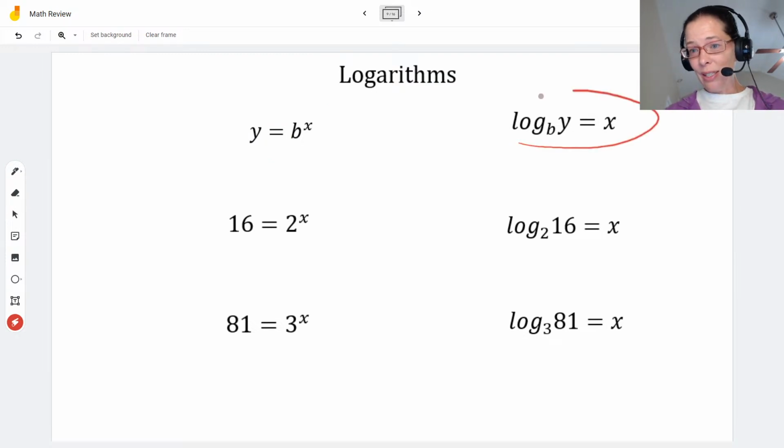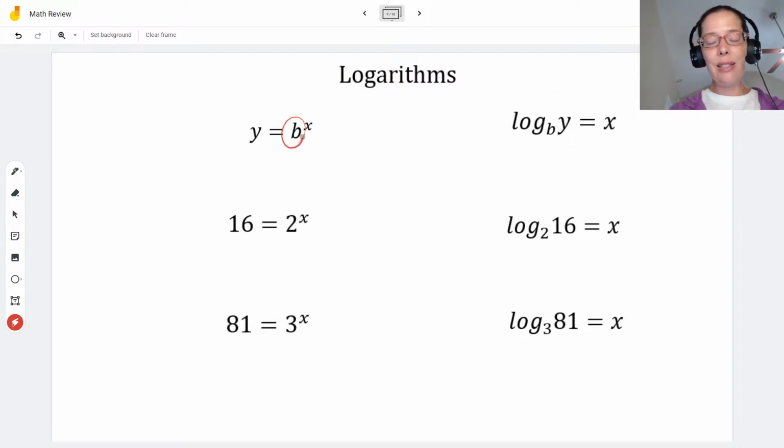So here it is written as a logarithm. So you notice that this b here becomes the base of the logarithm. It's kind of why it's called b. Your y alone on the left-hand side of the equation becomes this number right here, and your exponent gets put off alone by itself to the right there.